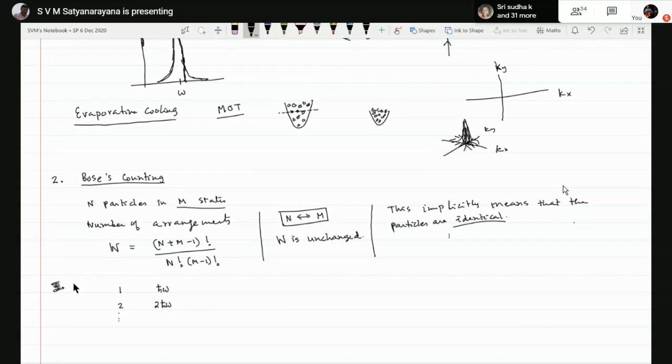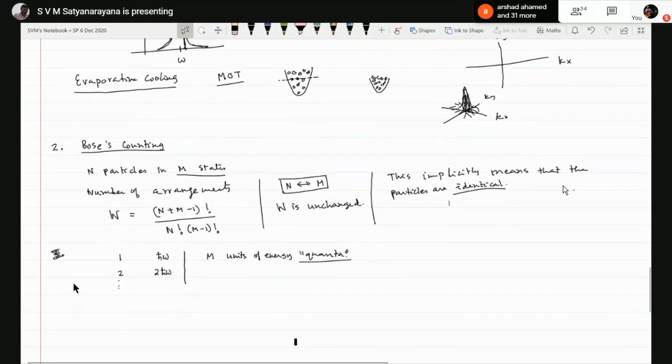So the m states is like m units of energy, which we call quanta. I think we did this way back when we were doing the microcanonical ensemble or the Einstein theory.